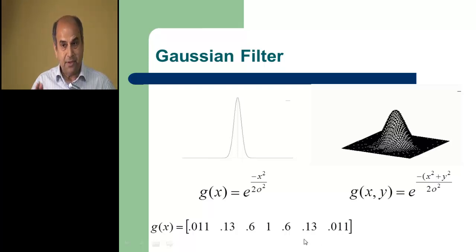And since this is symmetric, on the left side will be the same: -1, -2, -3. So these are the mask values of a Gaussian filter in one dimension. I have an equation for that, and I can generate this mask also. And I can do the same thing as I was doing for the difference, -1, 1 or whatever. Okay, so this is fun. So this is the Gaussian filter. Then, yeah, sigma is 1.